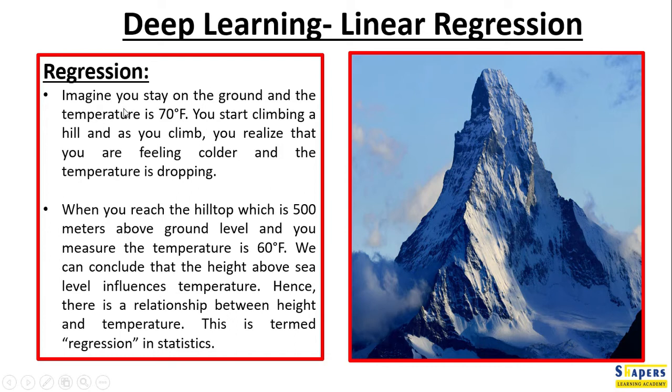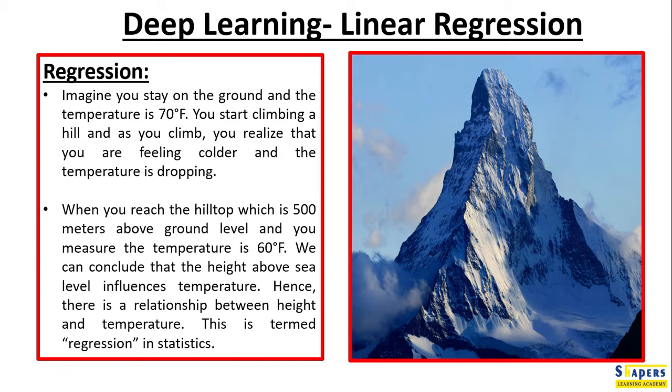Imagine you stay on the ground and the temperature is 70 degrees Fahrenheit. You start climbing a hill, and as you climb, you realize that you are feeling colder and the temperature is dropping. When you reach the hilltop, which is 500 meters above the ground level, you measure the temperature as 60 degrees Fahrenheit, a decrease of 10 degrees Fahrenheit. We can conclude that the height above the sea level influences the temperature.